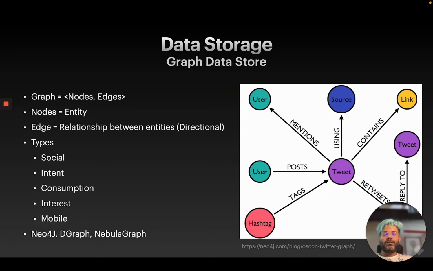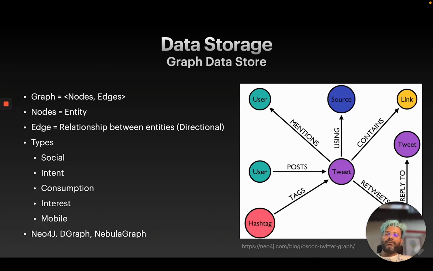So if you are using Twitter, for example, you can search all the tweets by a hashtag. You can search all the tweets by a user that is mentioned in those tweets. And these kinds of queries become very easy if you are using a graph database, because you simply have to perform a graph traversal and find the required nodes that follow that particular query criteria.